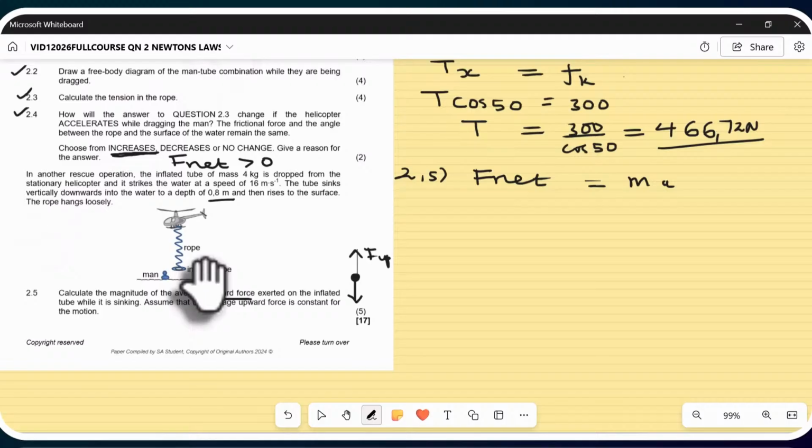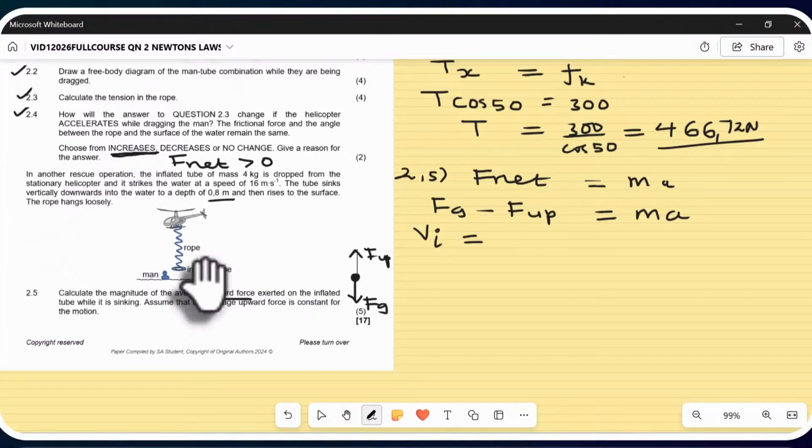So in here, they give us the V initial when it is striking the surface of the water, which is 16 meters per second. Because it stops at a depth of 0.8 meters downwards, it sinks until that height, meaning our final velocity is 0.